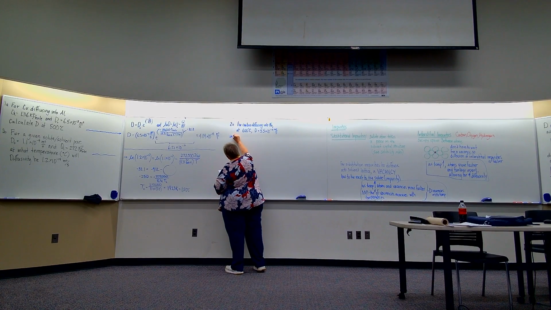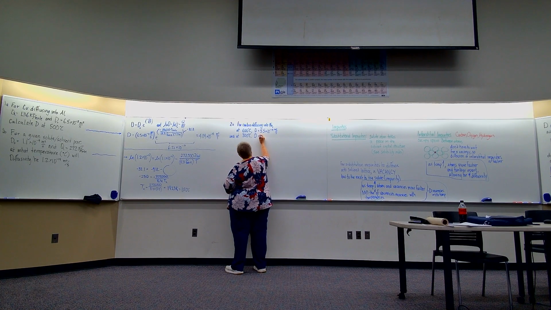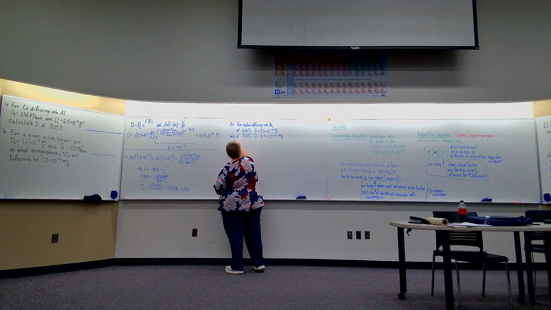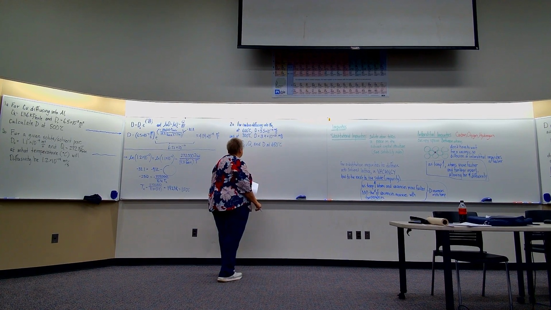And at 700 C, D is equal to 3.9 times 10 to the negative 13. Find D0, Q, and D at 650 degrees C.